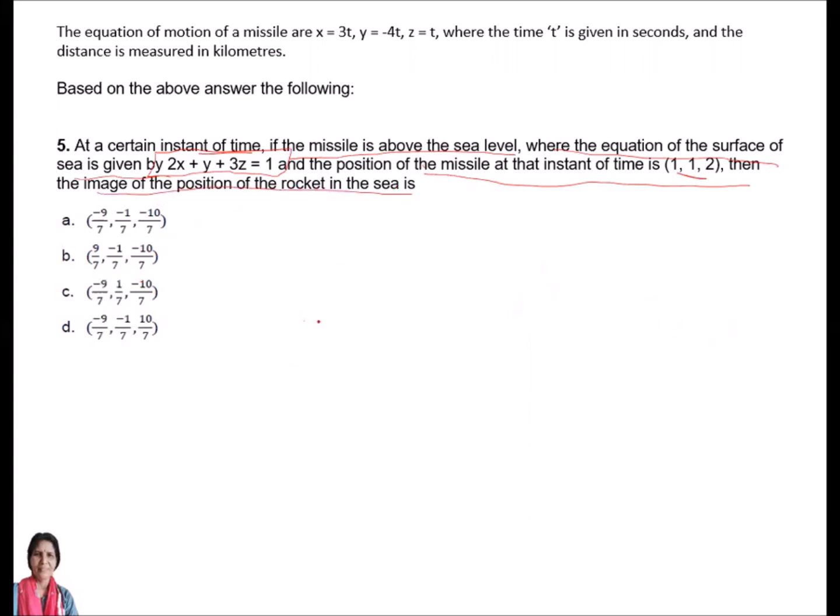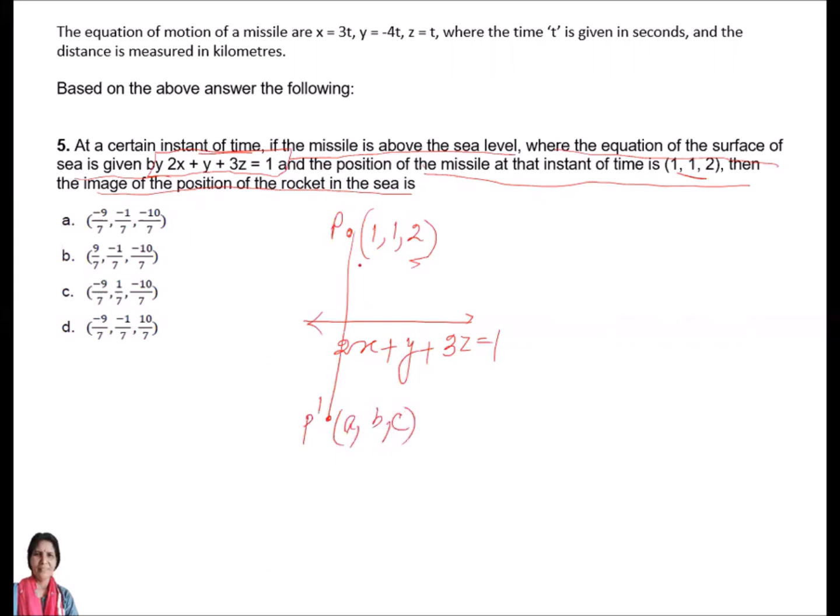So we can imagine the sea level is denoted by 2x plus y plus 3z is equal to 1, and the point is (1, 1, 2). This is your P. We need the image P dash, or this point is (A, B, C). We need the image in the sea.